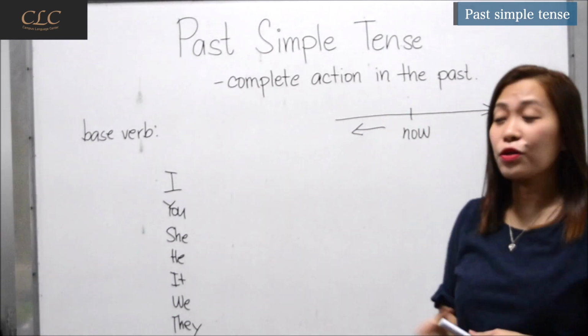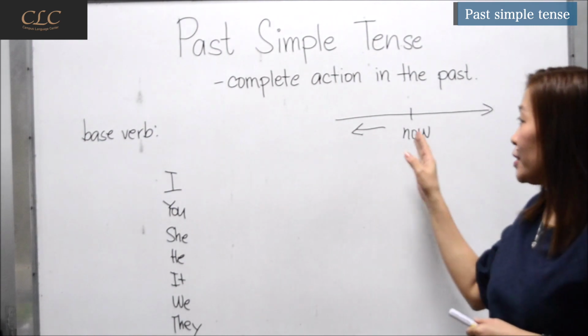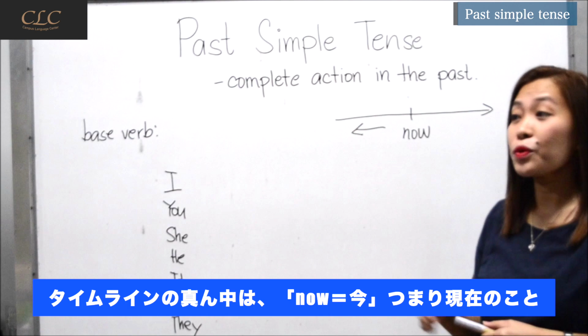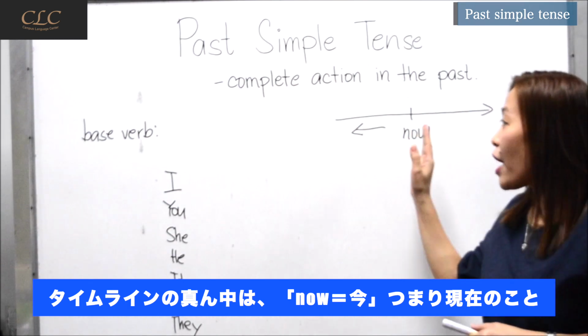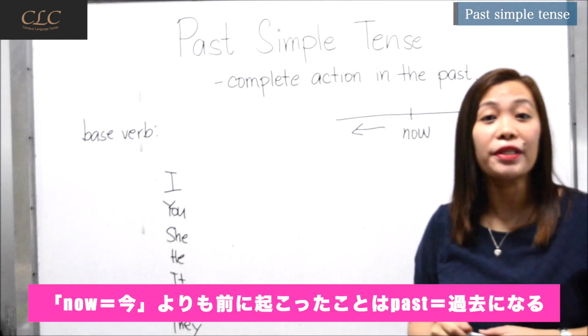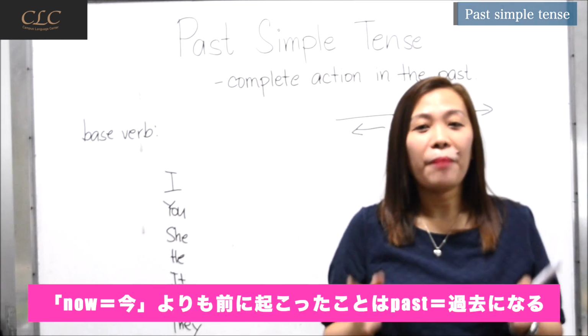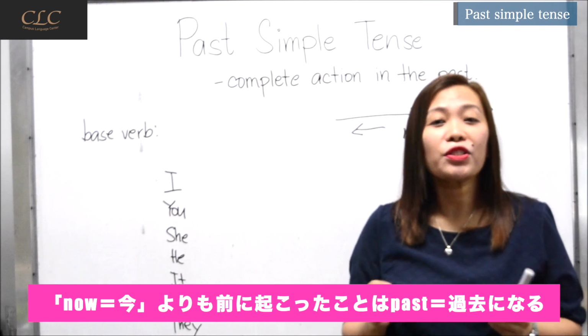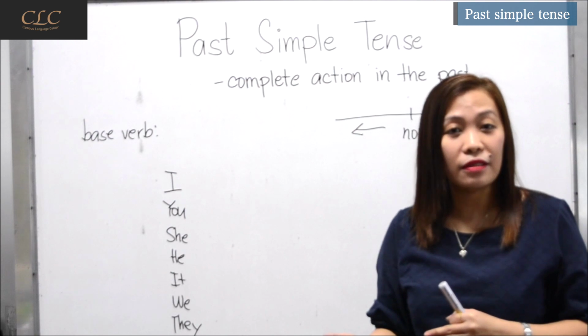So you see here on the board, I draw a timeline. And in the middle of the timeline, you can see the word now, which means at the present. So everything that happened before now is in the past. So when we say past simple tense, we are talking about a time that is before now or in the past.